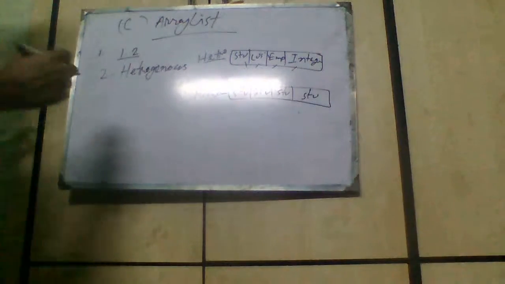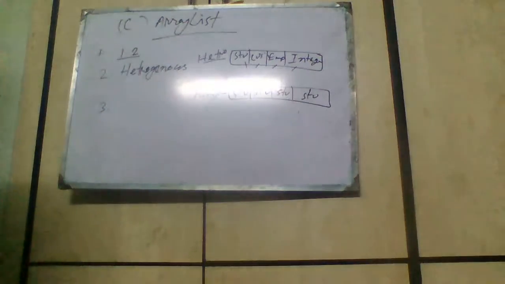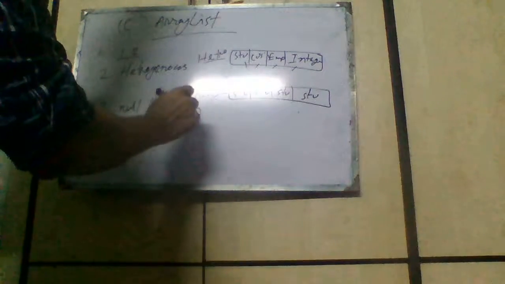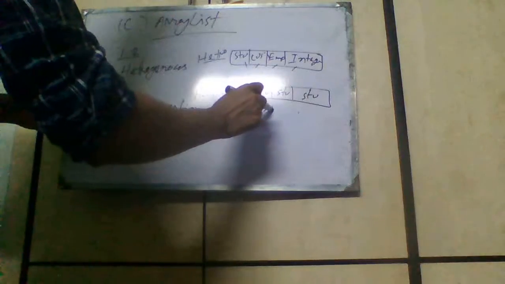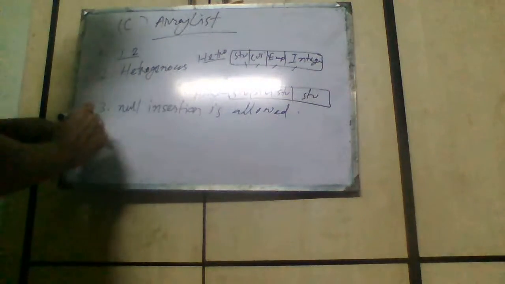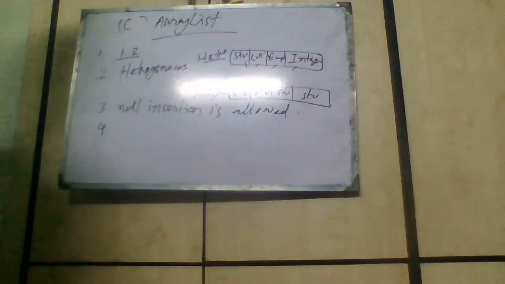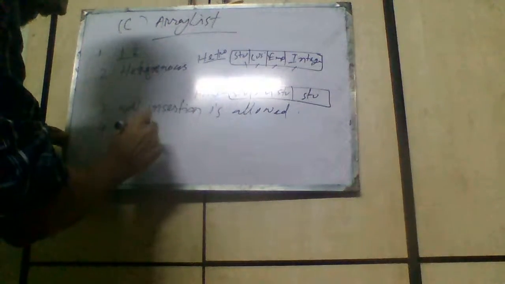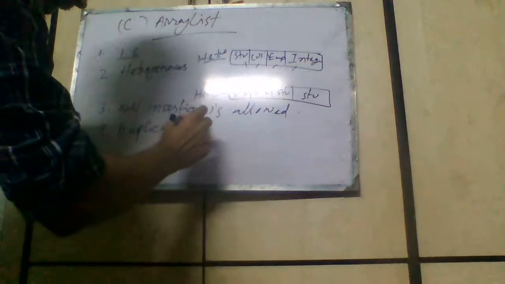Number three is null insertion is allowed. Number four is duplicates also allowed.